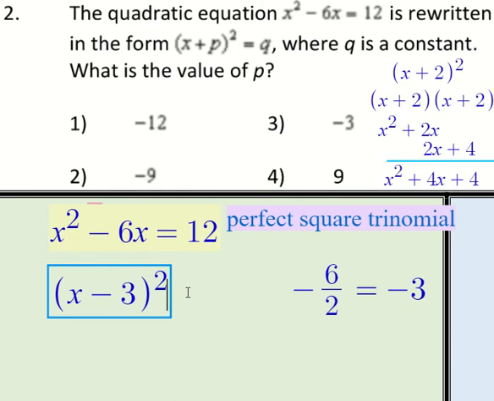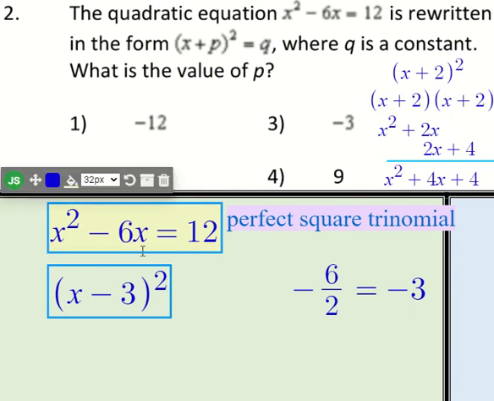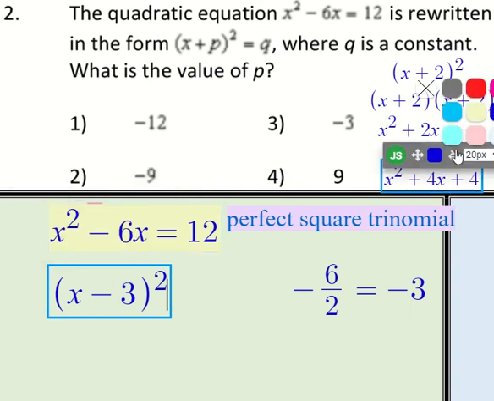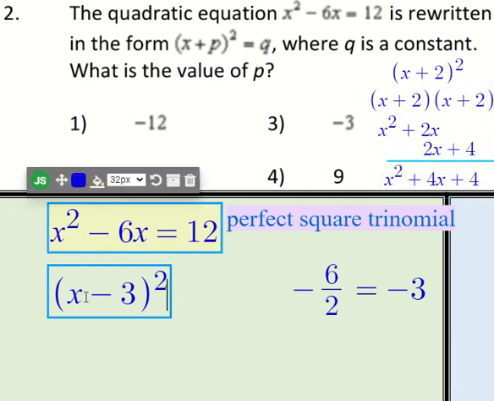Now, here's what's really happening though. If I distribute this, I say x times x is x squared, x times negative 3 is negative 3x, negative 3 times x is negative 3x, and that's where I get x squared minus 6x back. But eventually at the end, you see how over here we multiplied 2 times 2 to get 4.